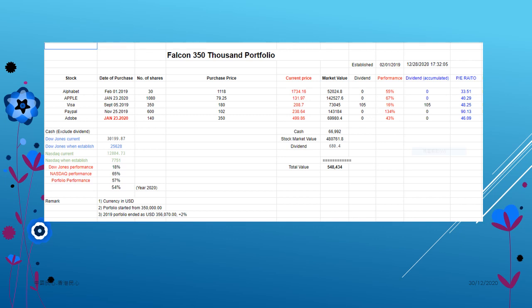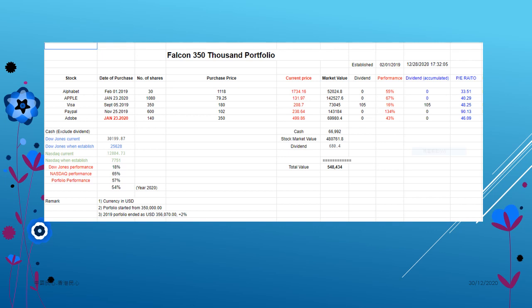You can see it in red, and now it has been 11 months. Our performance is 57%. Very surprisingly, I was beaten by Nasdaq. Nasdaq's performance is 65%, and this portfolio's performance is 57% for the last year, just a few weeks short of 1 year.